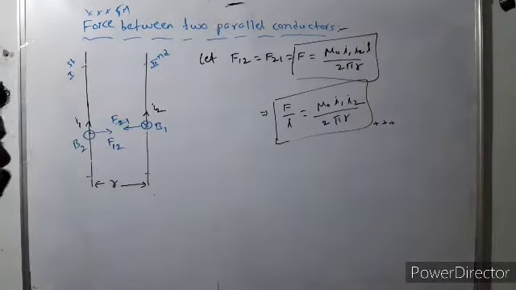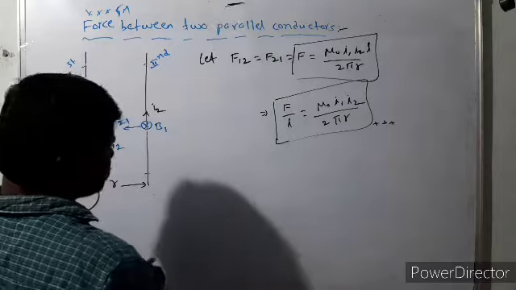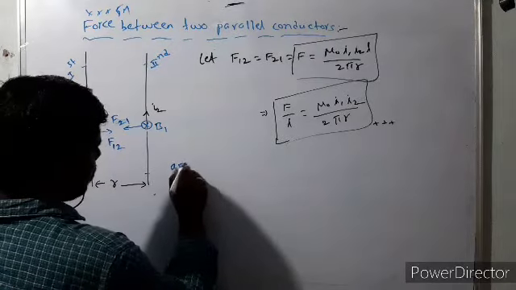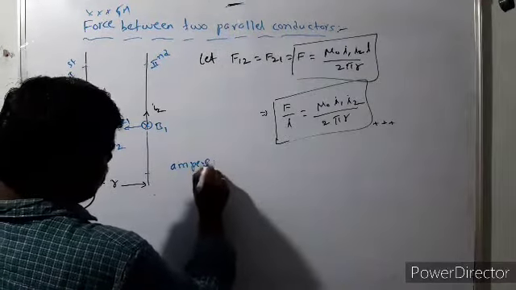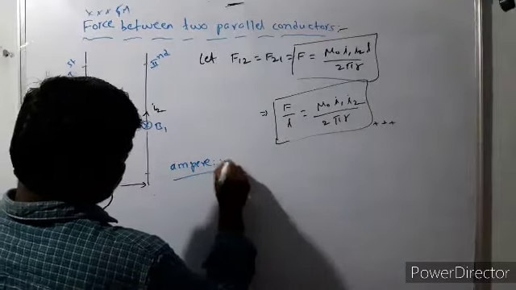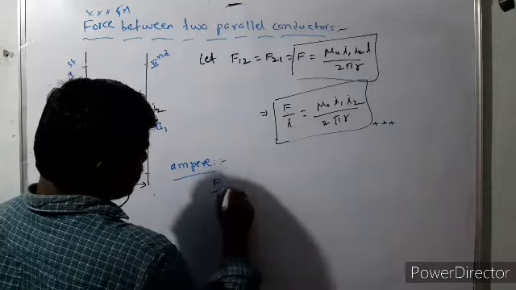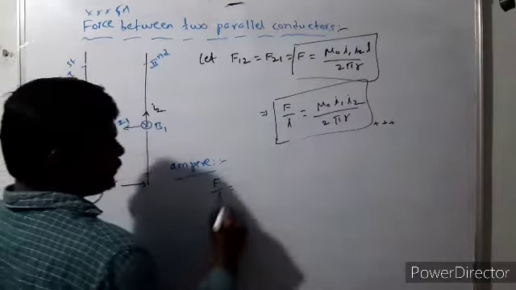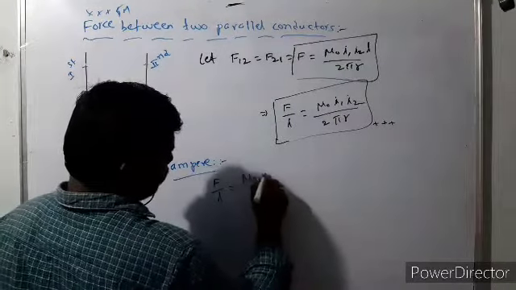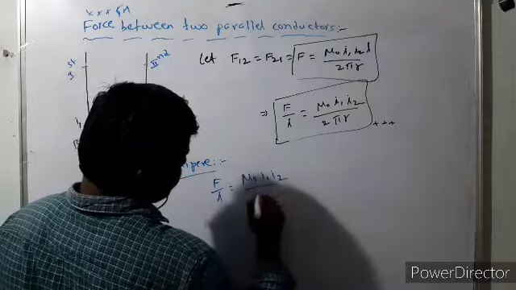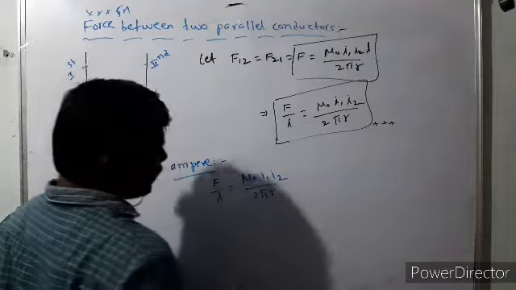Now from this we are going to define the ampere. Definition of ampere. Now we have the force per unit length on each conductor: F by L is equal to mu naught I1 I2 divided by 2 pi r.